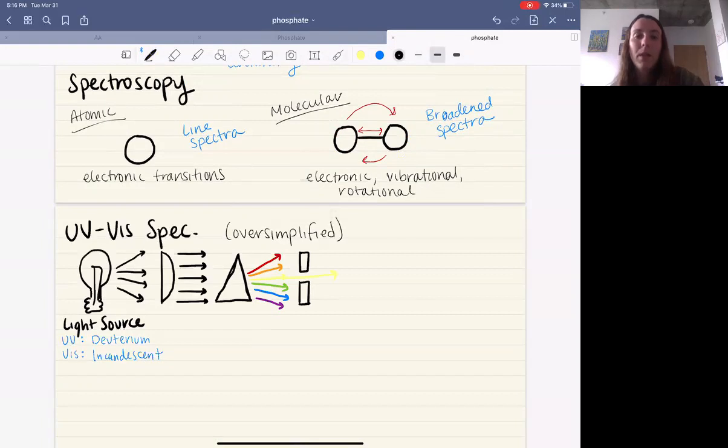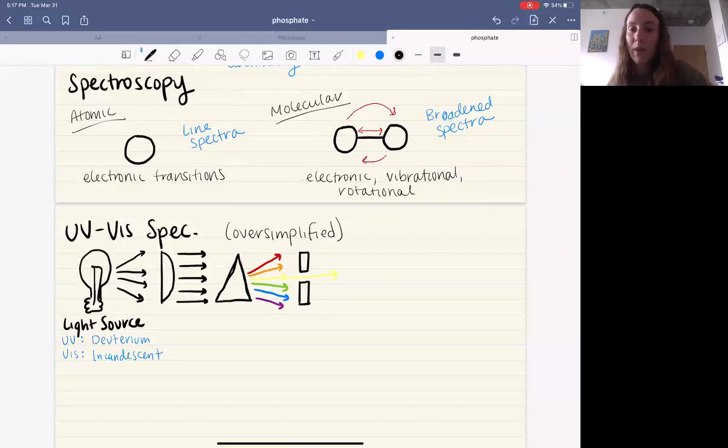Okay, so typically, when we want to select one wavelength, you could theoretically move that slit around, just move that up and down, and you would get a different color coming through. But in practice, it's actually a lot easier to move the prism or the grating itself in order to select the wavelength. So that's what happens when you use your UV-Vis spectrophotometer and you ask it to select a certain wavelength. The grating moves into the right position to get that specific wavelength out of your lamp.